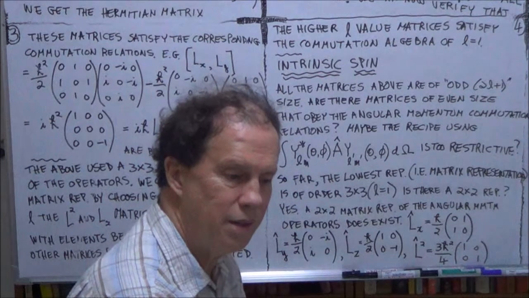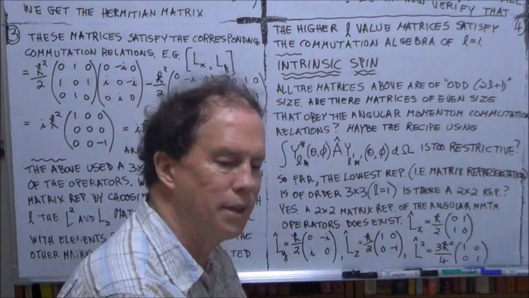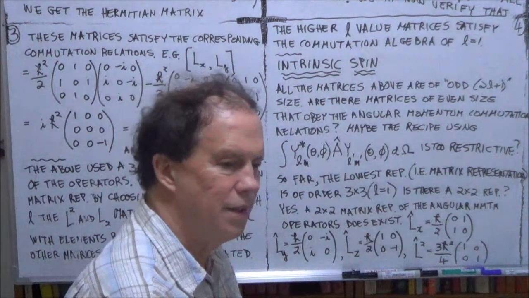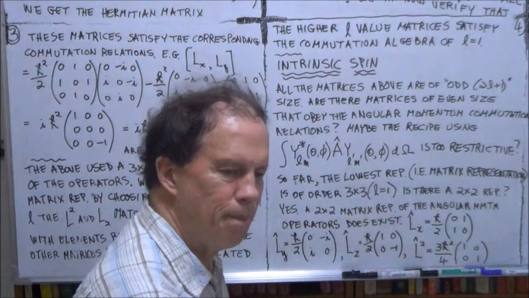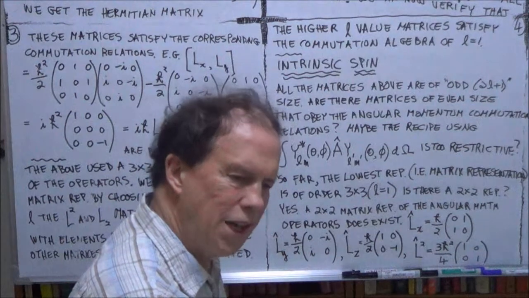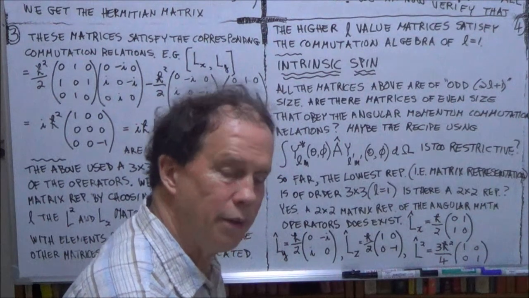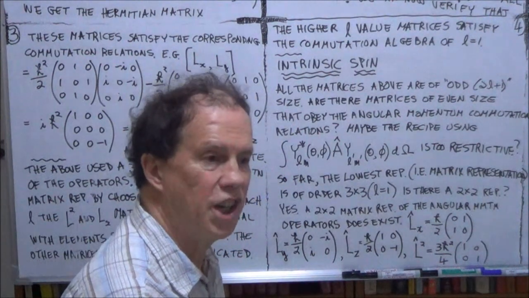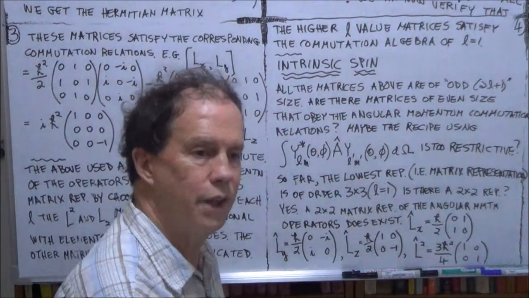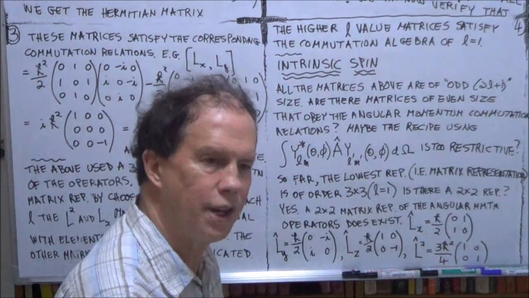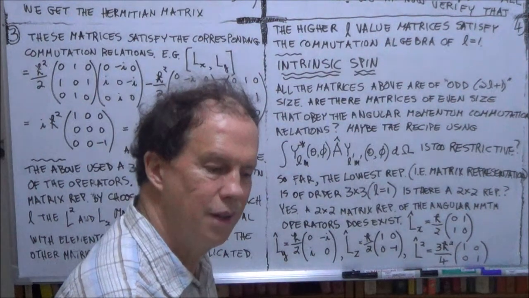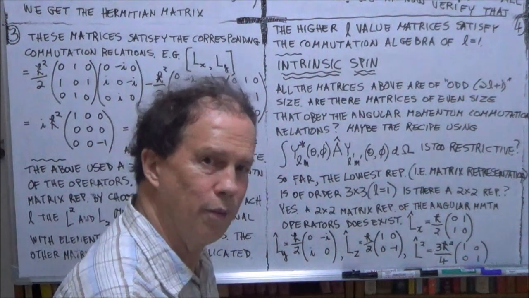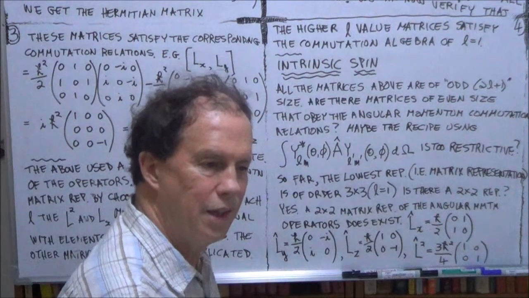And spin is related to angular momentum, but it's a bit different. It's not the angular momentum of the type, if you think classically, vector r cross vector p. It's not an r cross p type angular momentum. It's unique to itself.